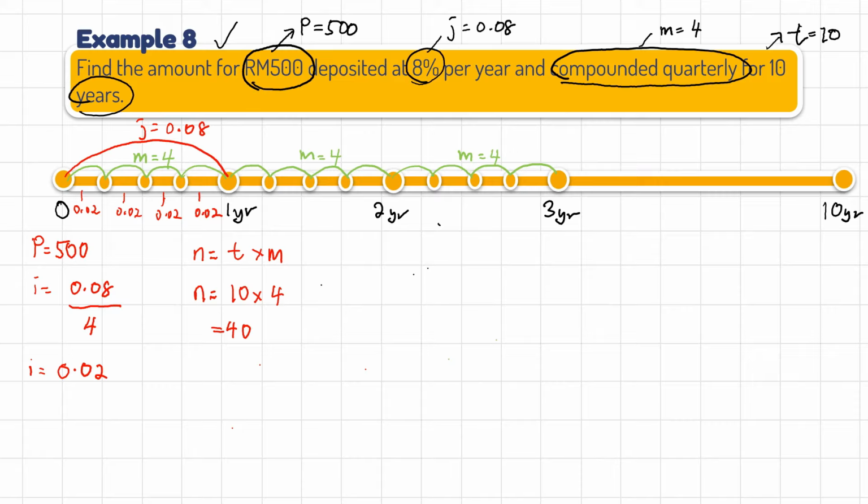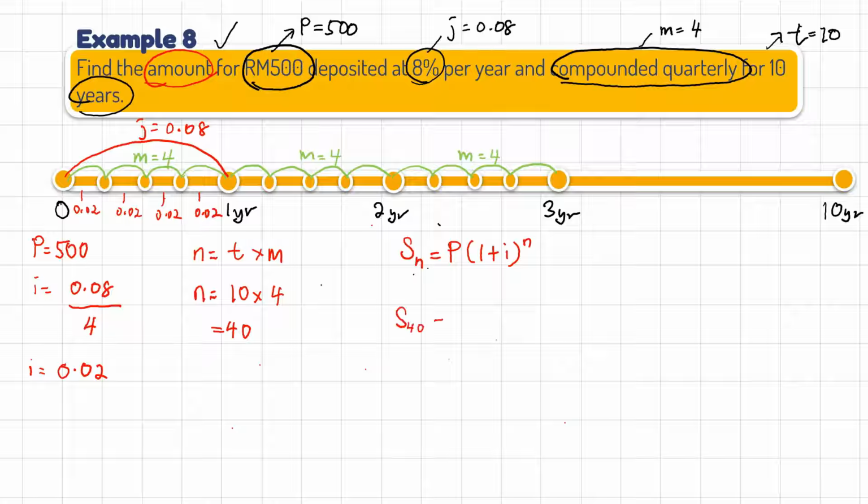So the question asks, find the amount of 500. The keyword here is amount, so we need to find the compound amount. The formula for compound amount is Sn equals P(1 + i)^n. So our n is 40.